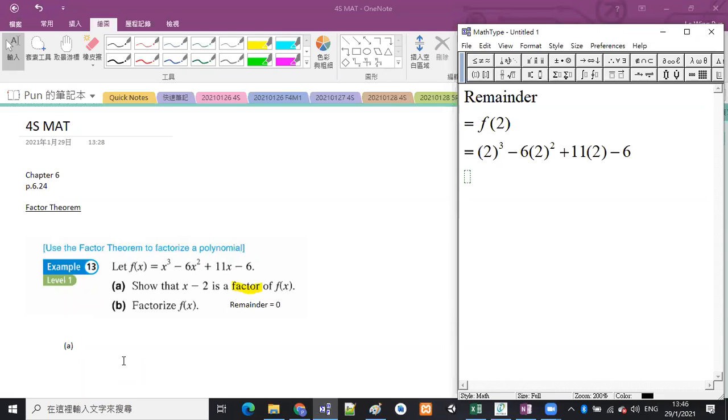The question asks you to show that it is a factor, so it must be equal to 0. We just need to check whether it is really equal to 0 or not. Since it asks you to show it is a factor, the result will definitely be 0; if it isn't, you have made a calculation mistake. Okay, therefore we can conclude that x minus 2 is a factor of f(x). So that is part A.